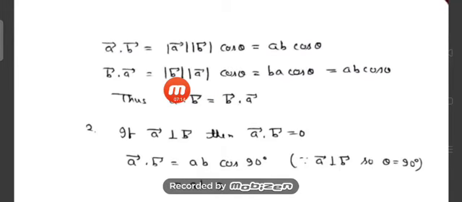So this will be equal to ba cos theta. Now you see, ab and ba satisfy the commutative law because they are numbers now, so it can be written as ab cos theta. As we have seen, a bar dot b bar is ab cos theta. Also, b bar dot a bar is ab cos theta, and hence a bar dot b bar is equal to b bar dot a bar. So this proof is done.